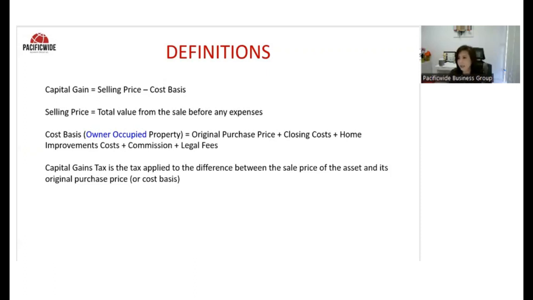That is how much you made from that sale minus the cost basis. I will explain what the cost basis is, but that will be your capital gain. So your net profit from selling the home will be your capital gains.